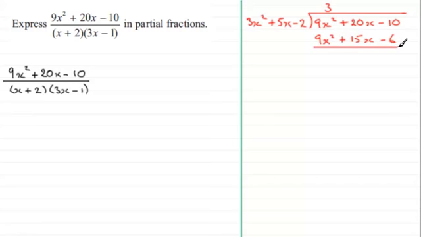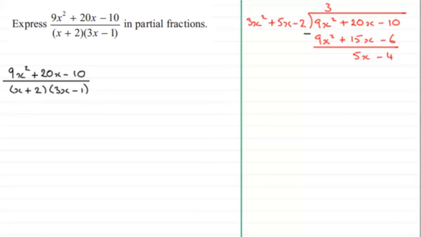Now, I'm going to subtract these two from one another to work out what the remainder is. 9x squared minus 9x squared is 0. 20x minus 15x is going to be 5x. And then we've got minus 10 minus minus 6, which is going to be minus 4.